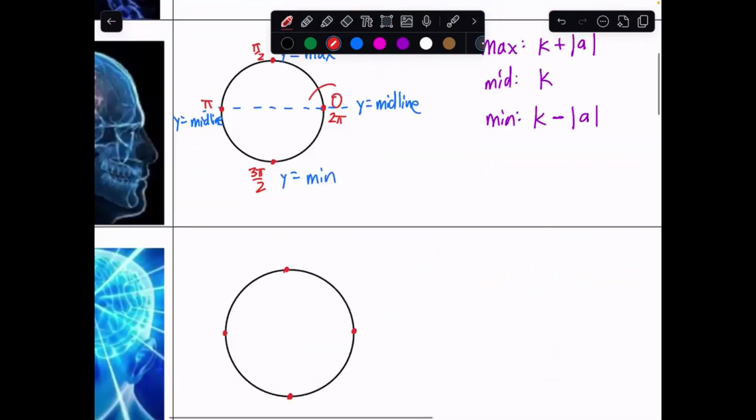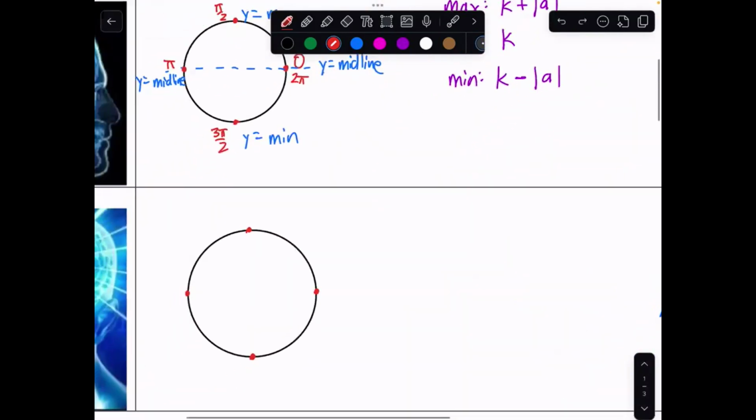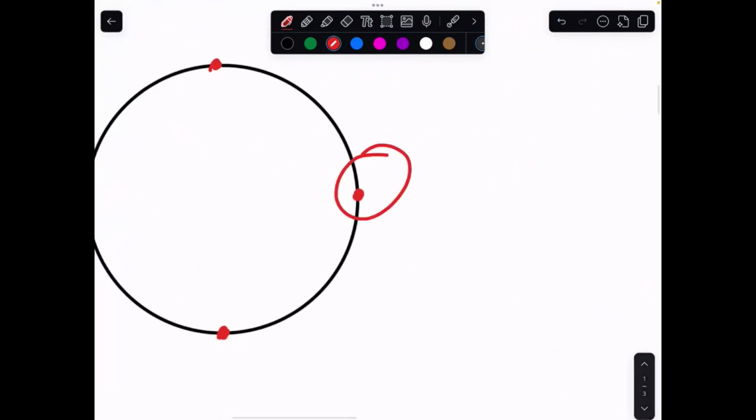Up till this point, we always called that rightmost angle angle 0, right? Makes sense, you start at 0. But when there's an h value, that starting value gets shifted. So that first point is not going to be 0, it's going to be h. And I'll just clarify this is the start of the period.